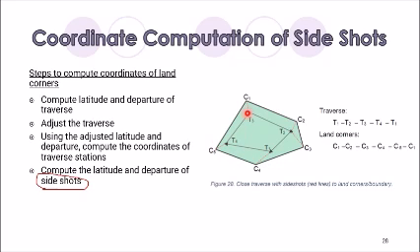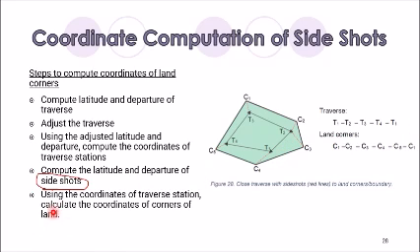Then, using the coordinates of the traverse stations, you can compute the coordinates of the corners of the land. Suppose you want to know the coordinates of corner 1, you will use the coordinates of T3 and the latitude and departure of this line.